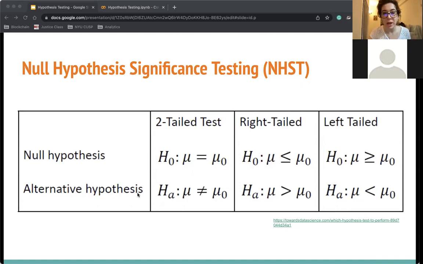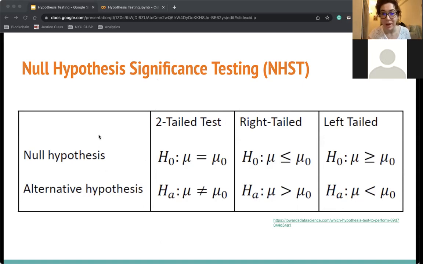And really this talks about how we can actually mathematically test these different theories using statistics. So this null hypothesis significance testing framework requires us to break it down into these very distinct bins of null hypothesis, alternative hypothesis, and we can start to have these different testing frameworks.